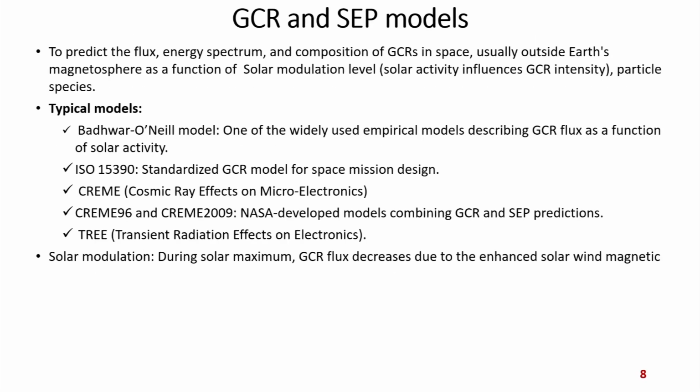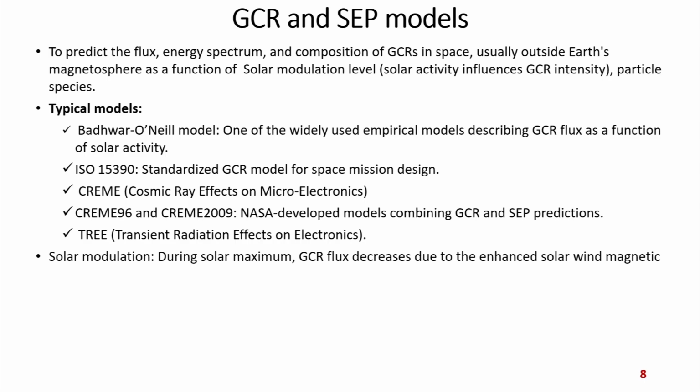Then there are the models for galactic cosmic rays and solar particle events, or solar energetic particle (SEP) models. They predict the flux, energy spectrum and composition of galactic cosmic rays in space, usually outside Earth's magnetosphere, as a function of solar modulation level. I will explain what the solar modulation level is, because GCRs are modulated by solar activity.